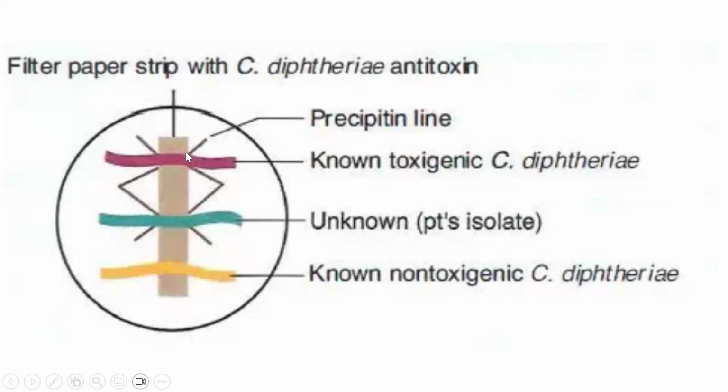The negative control will be a known non-toxigenic strain, and then we have the swab from the patient. The patient has C. diphtheriae, so he should have the toxin.